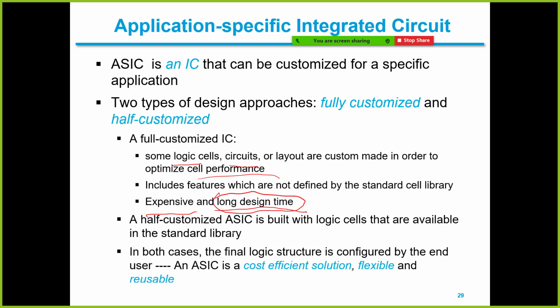Half customized ASICs are built with logic cells that are available in the standard library. So for both cases, the final logic structure is configured by the end user. ASIC is a cost-efficient solution, flexible and reusable.